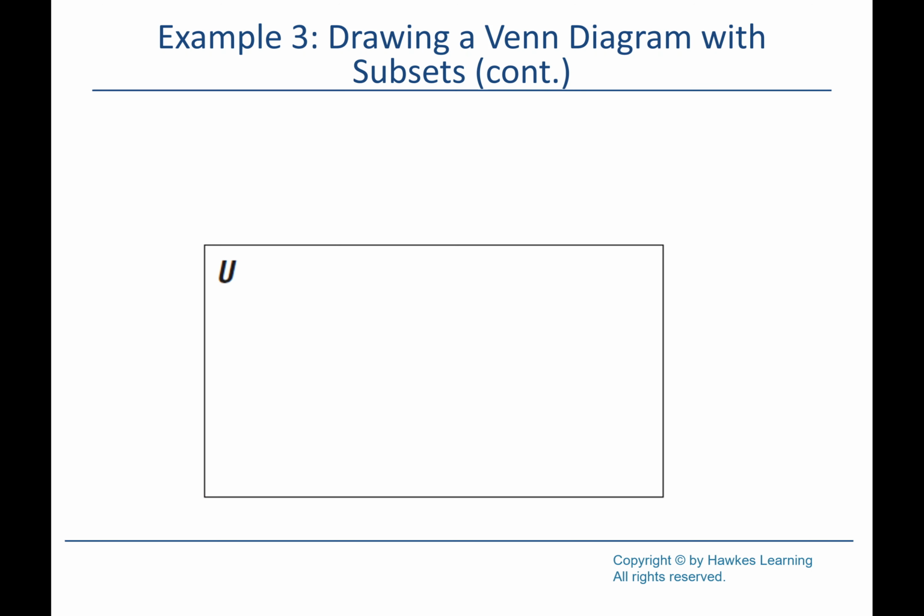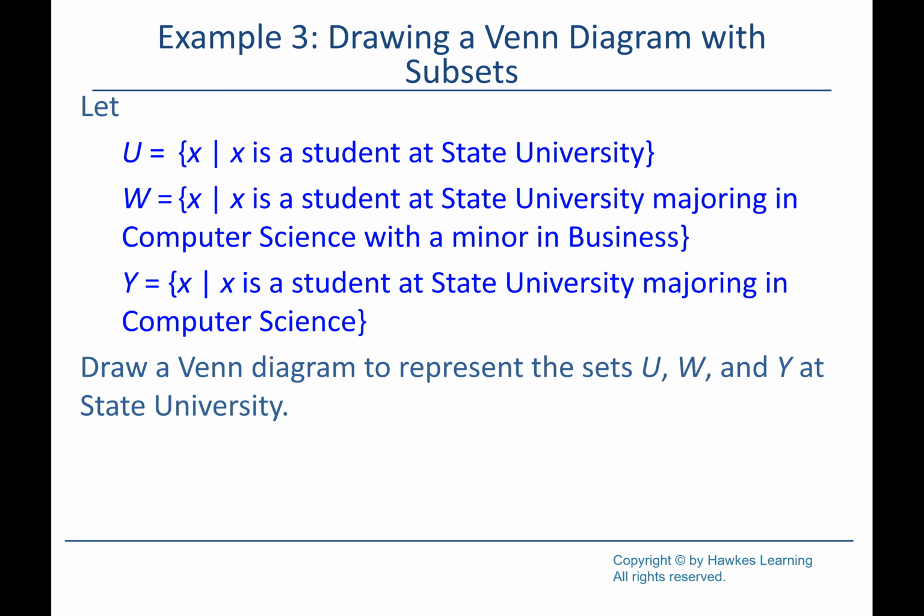So let's look back here. Does it look like one of these sets will be a subset of the other? What do you think? W's all students at this school majoring in computer science with a minor in business. And then Y is all the students at this school majoring in computer science.